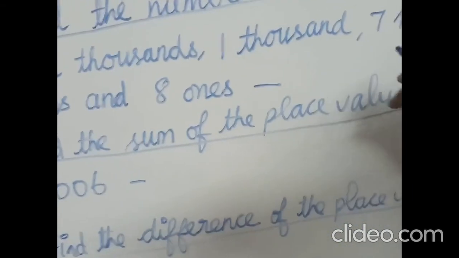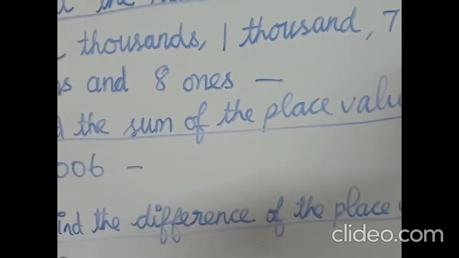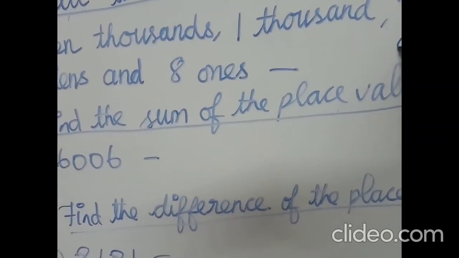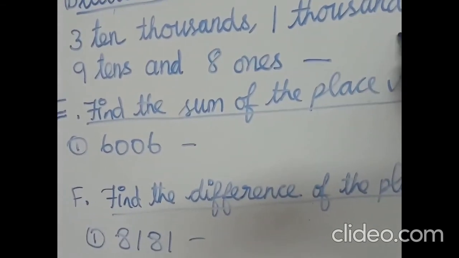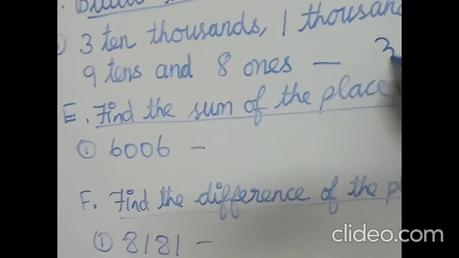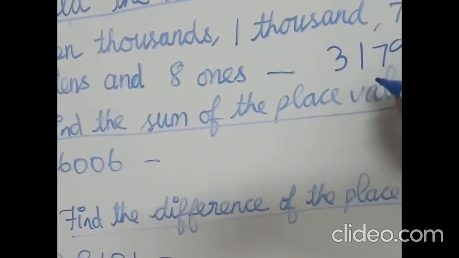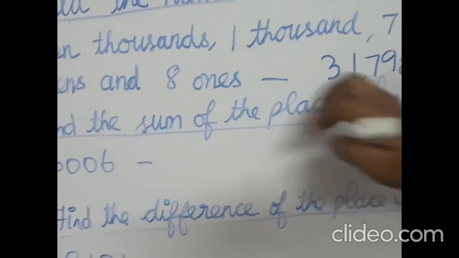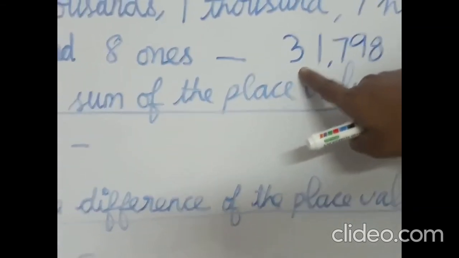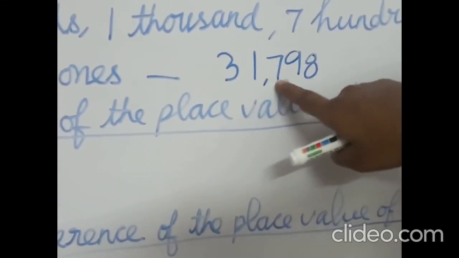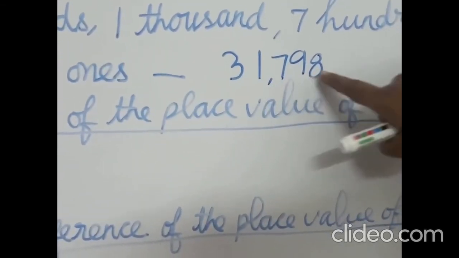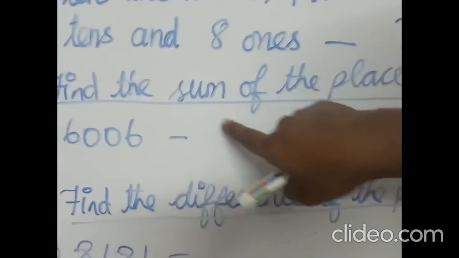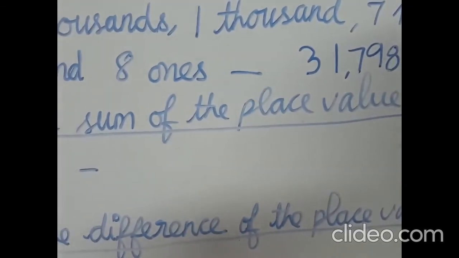Ones place number here we have 8. Next 9 tens are there. Next is 700s. Next 1,000. Next 3 10,000. So you can check with your answer. 3 10,000, 1,700, 9 tens, 8 ones. So 31,798 is our answer.